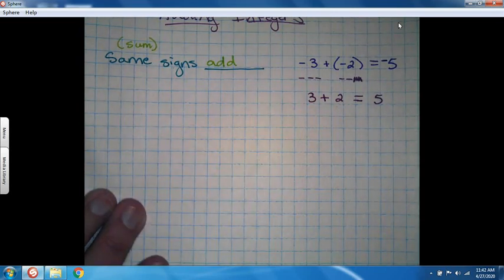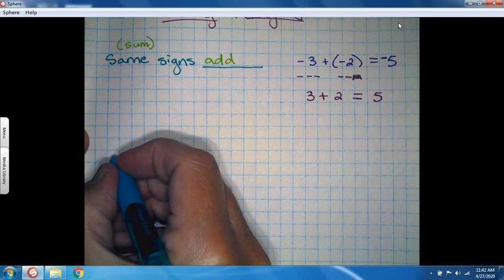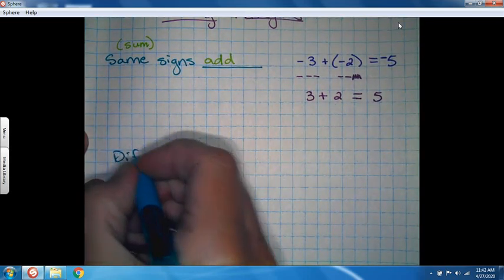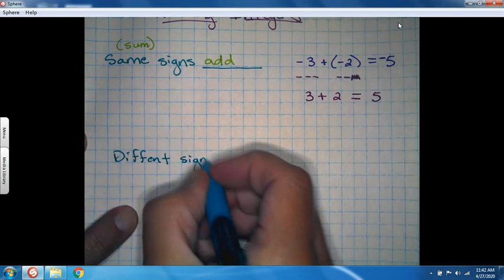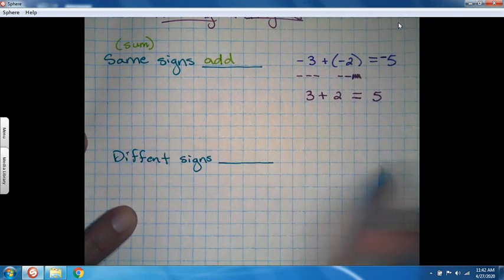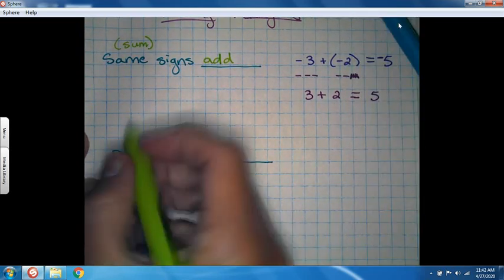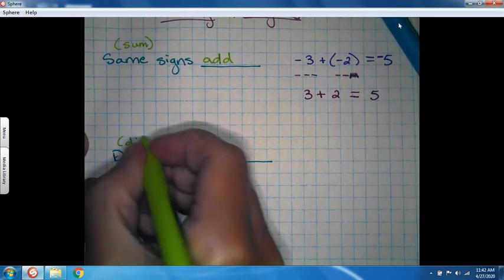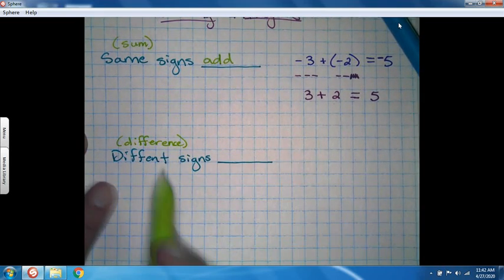Now, if they have different signs, what? Well, different sounds like what? Sounds like difference. And when we find the difference of something, what do we do?